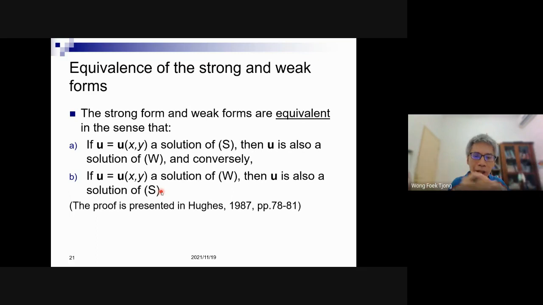Strong form and weak form would not be equivalent, but they are equivalent. There is a mathematical proof for this, but I will not present it to you. If you're interested, you can read from books, a little bit difficult, from Hughes. The proof is written in his book on these pages. So just believe that strong and weak forms are equivalent. Okay.